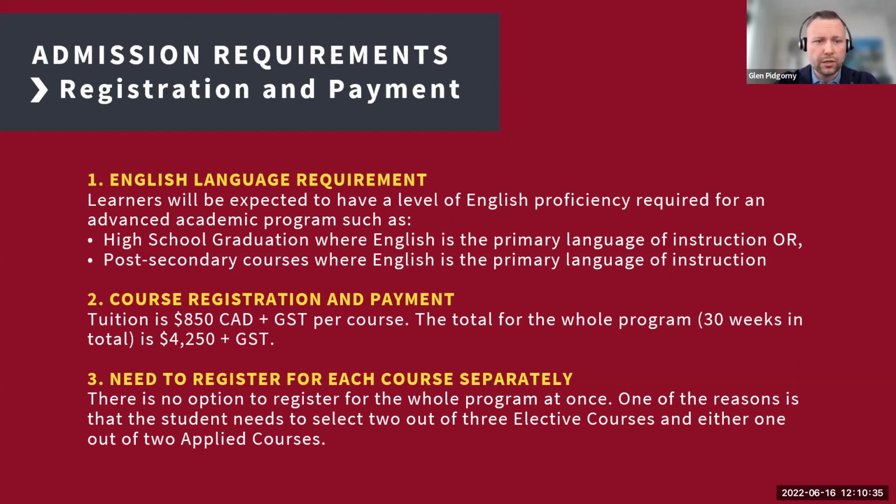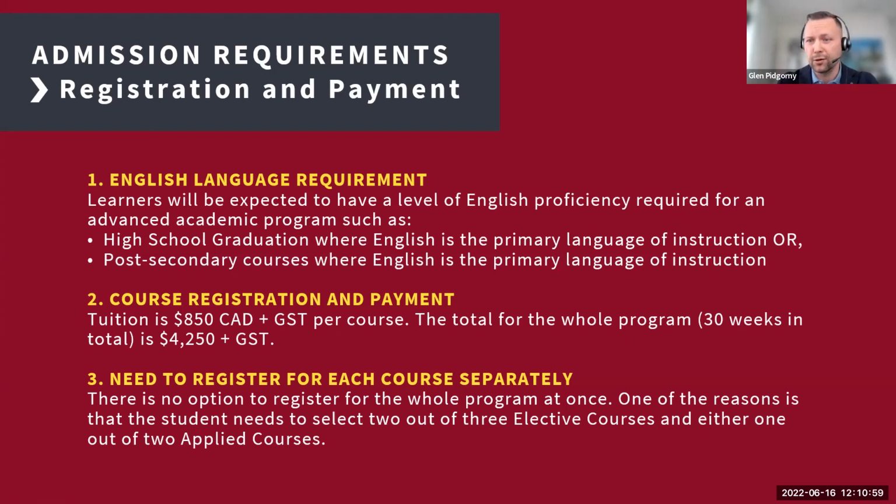I think everyone paid attention to course fees. So tuition is 850 Canadian dollars plus GST. So for the set of 5 engaging 6-week courses, or 30 weeks in total, it comes to 4,250 Canadian dollars plus GST.